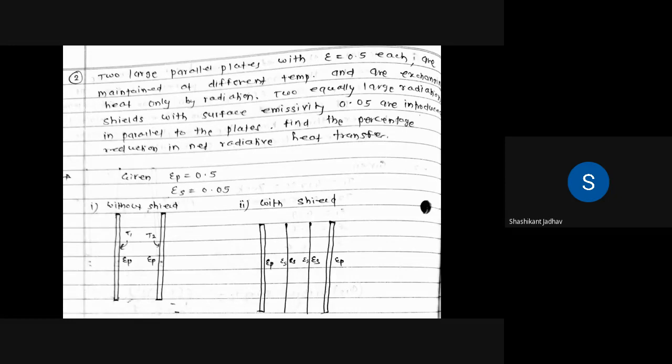Only the difference is in the denominator. The first bracket is the same for both Q without shield and Q with shield. Only additional resistance arises in the Q with shield.